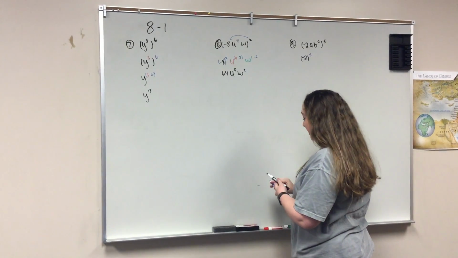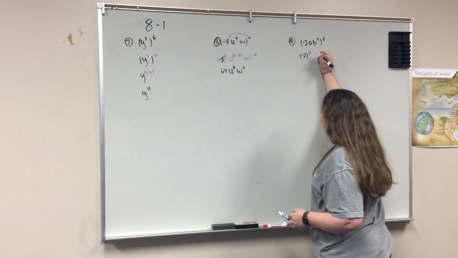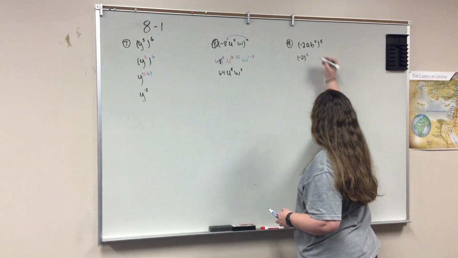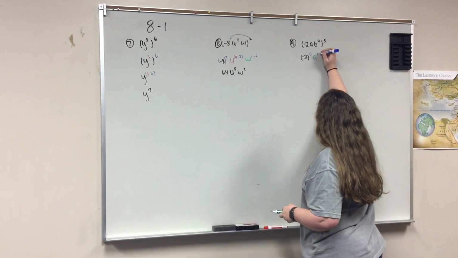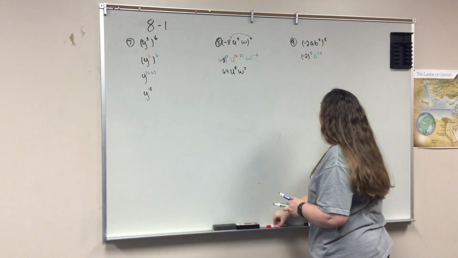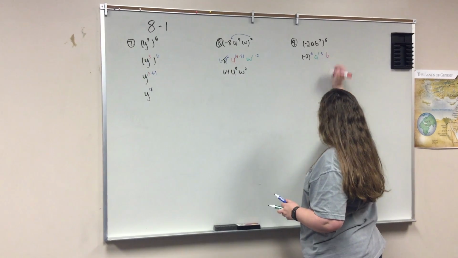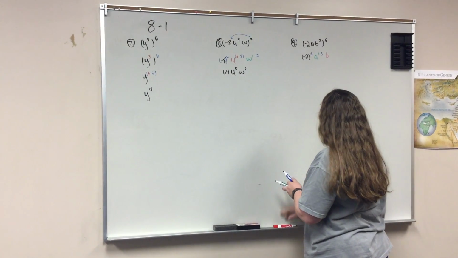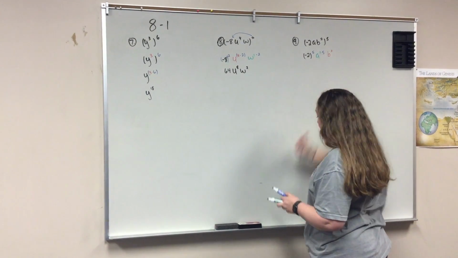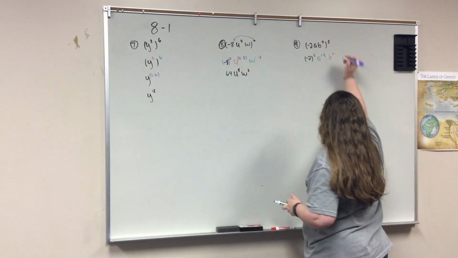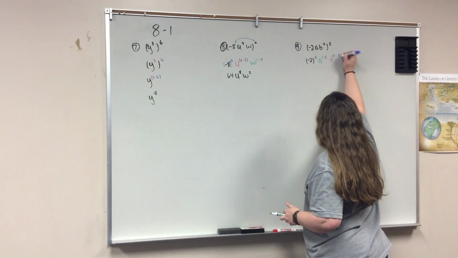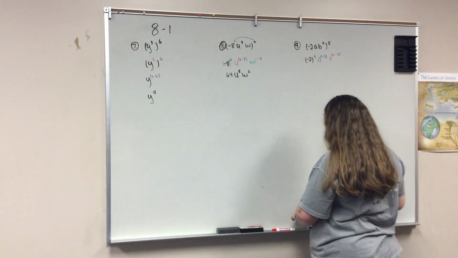We're going to put a 5 there. And then we have, let me get a different color, A, and that's an understood 1 times 5. And then we have B, and we have 2 times 5. I'm going to put parentheses around these.